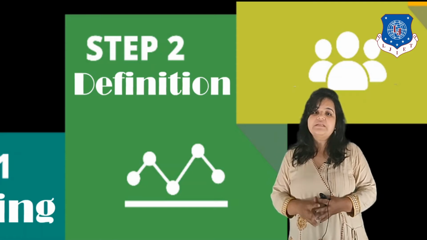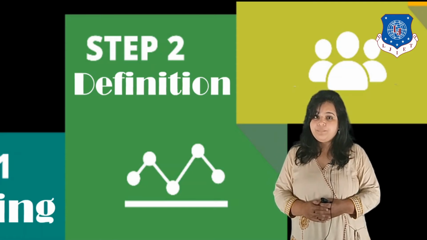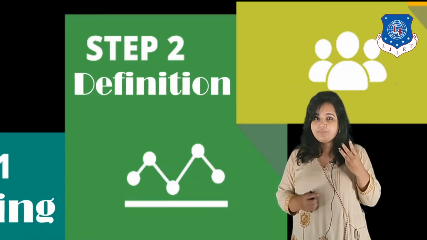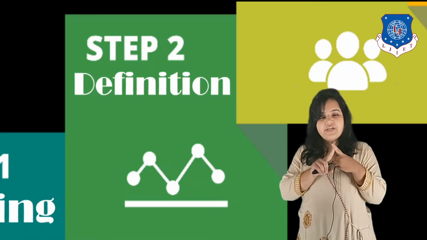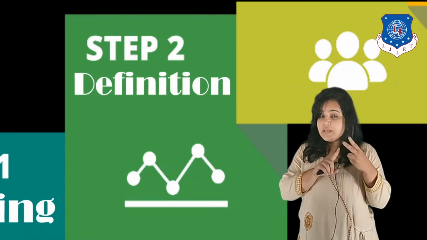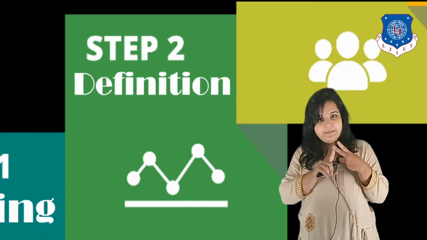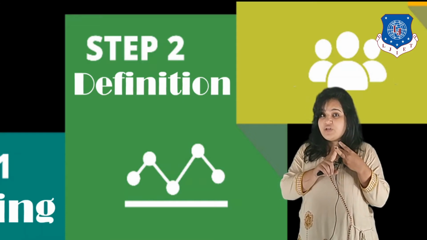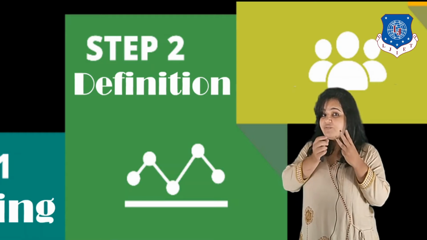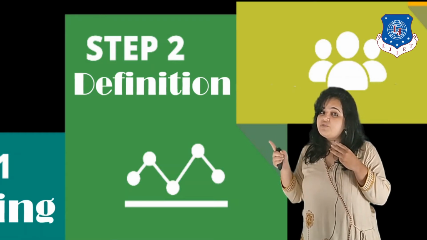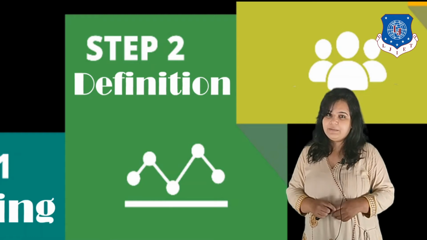The first is the formal definition. Formal definition consists of three things: the name of the object which you are defining, secondly, the category of the object which you are defining, thirdly, differentia, which means the difference of this particular object from all the other objects in this particular category.